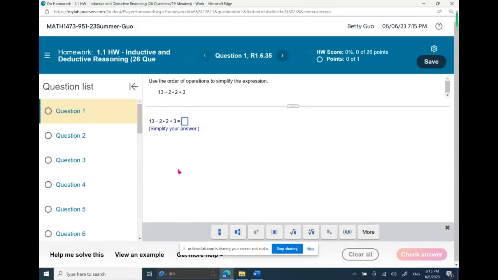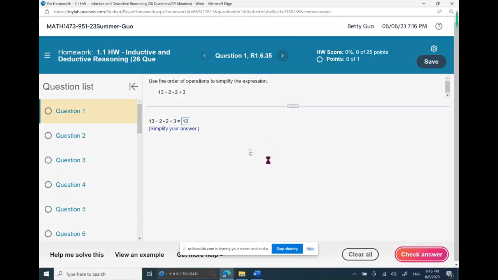Do we do the subtraction or addition? Based on rule number 2, we should do the subtraction first, right? 13 minus 4 gives us 9. 9 plus 3 is 12. You have the same thing?